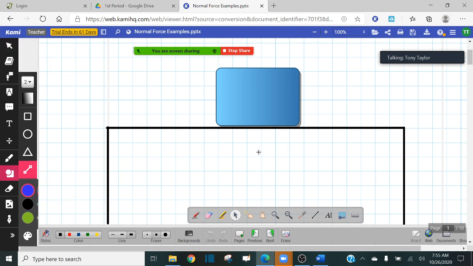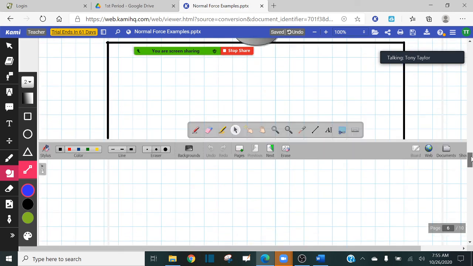So clearly there's a normal force pushing up on the block. The normal force is always perpendicular to the surface of contact. If this represents the surface of contact, then the normal force is always 90 degrees relative to that surface.